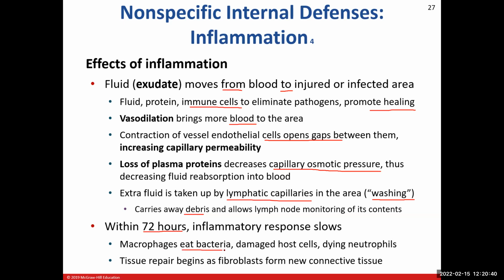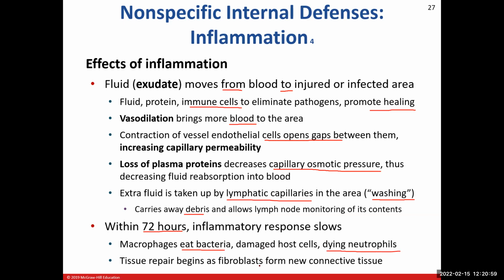They start to eat away at the bacteria. They will come over and chew up any of that damaged tissue and get rid of that. And we have to get rid of our dying neutrophils because they've been very busy going over there and destroying any of the bacteria there.